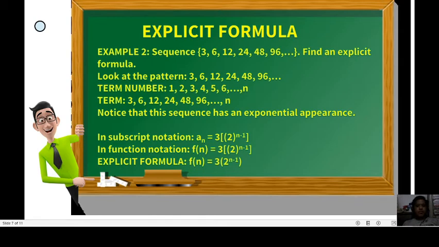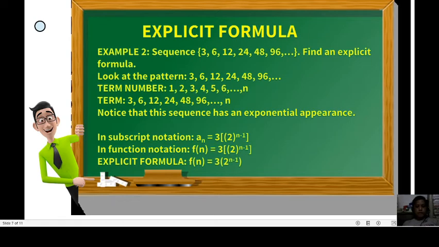In subscript notation, we have a sub n equals 3 times 2, because all the succeeding terms are multiplied by 2. And we can use the exponent to multiply by 3.